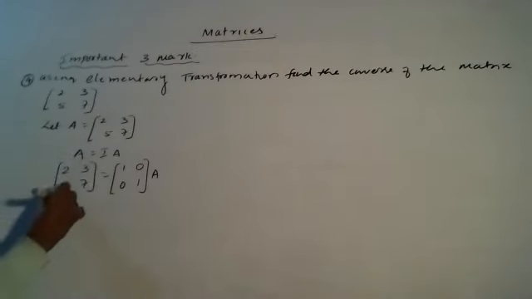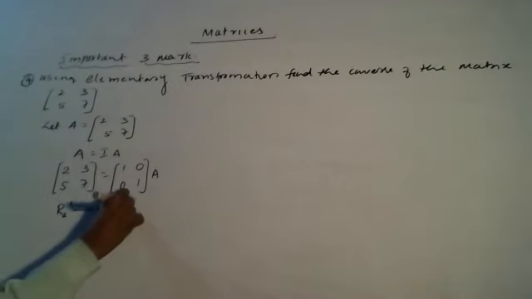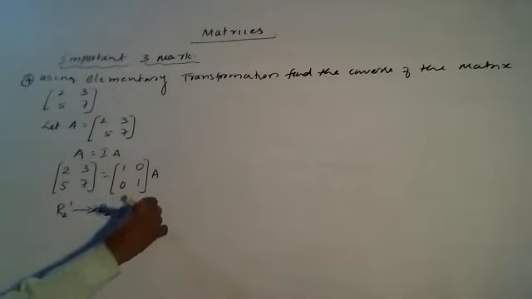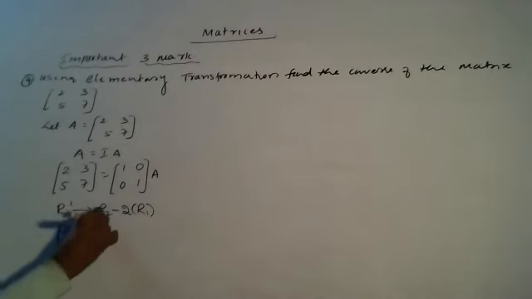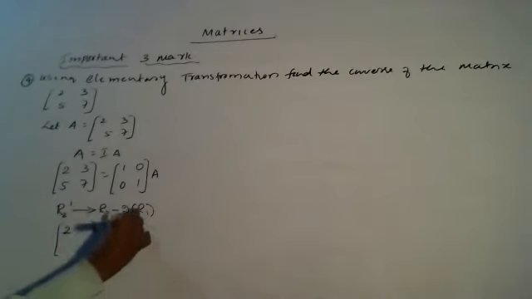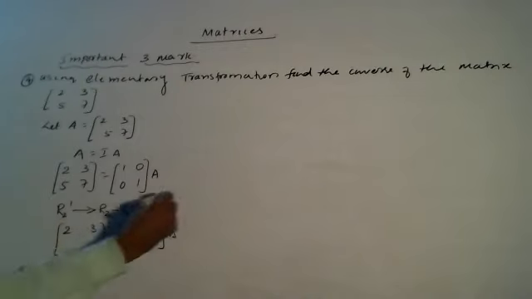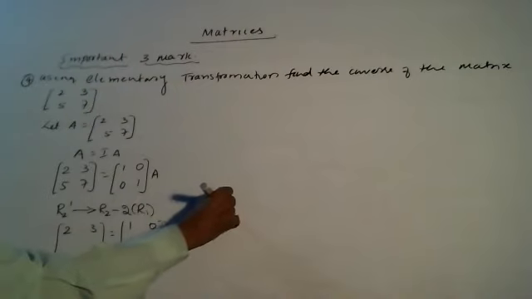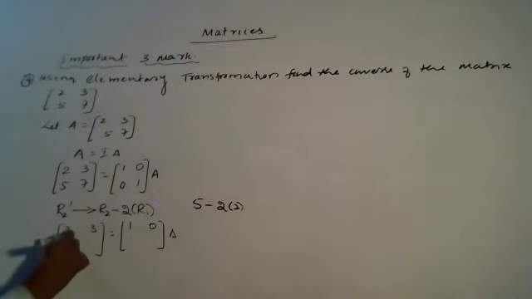Now what can I do? R2 dash changes to R2 minus 2 into R1. If I do like this, R1 is kept as it is, no change in R1: 2, 3. There is change in R2. R2 means 5 minus 2 into 2, 5 minus 4 is 1.